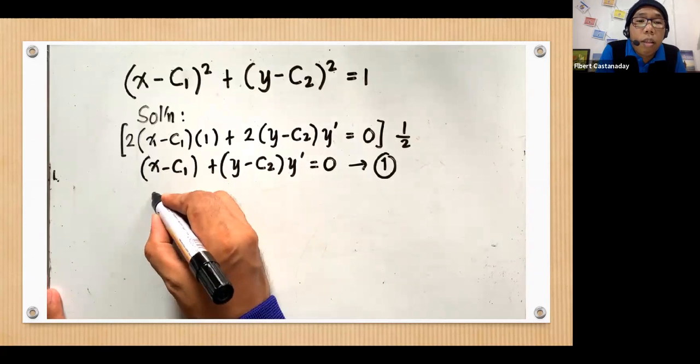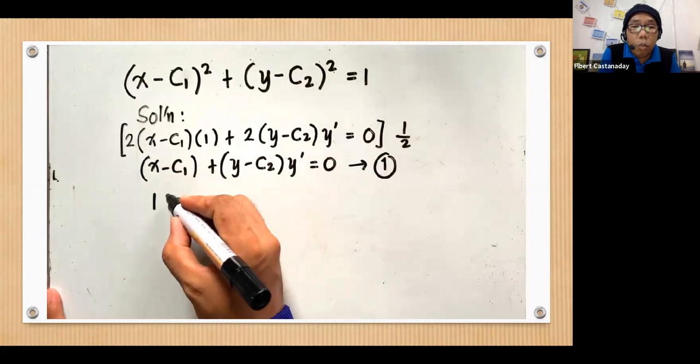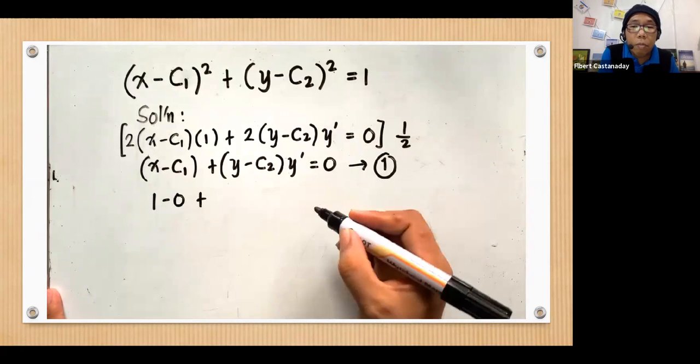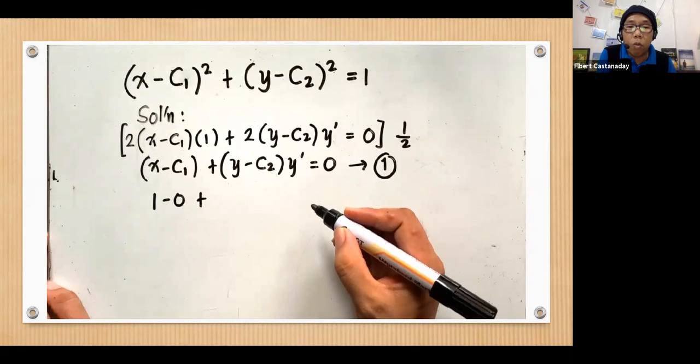So, you have derivative ni x is 1, derivative ni c sub 1 is 0, plus yung second term natin, naka-factor yan, di ba? Yung y minus c sub 2 times y prime. So, you can follow the product rule for differentiation. Ano yung product rule? u dv plus v du.